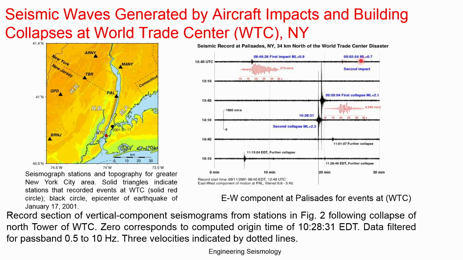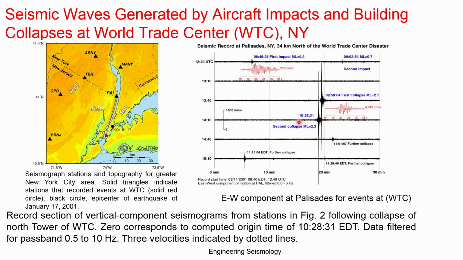After this, the World Trade Center started collapsing, which happened about 45 minutes later. At 9:56, the first collapse of the World Trade Center caused a vibration equal to a local magnitude of 2.1. You can see the similar signal recorded in the seismometer.